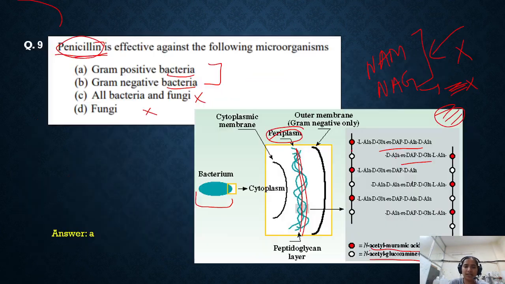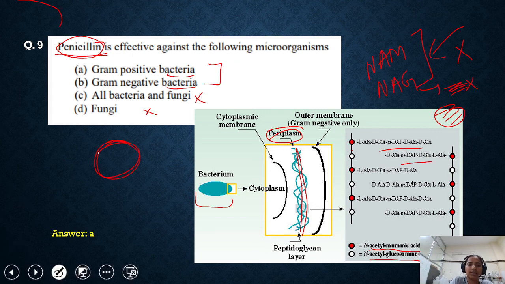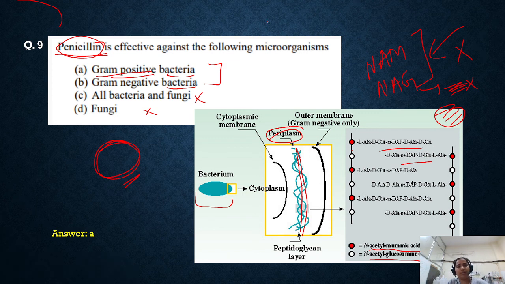And why will this not work against humans? Because our cells have no cell wall, so it won't attack human cells, it will only attack bacterial cells, specifically gram positive. So for this question the answer is A.